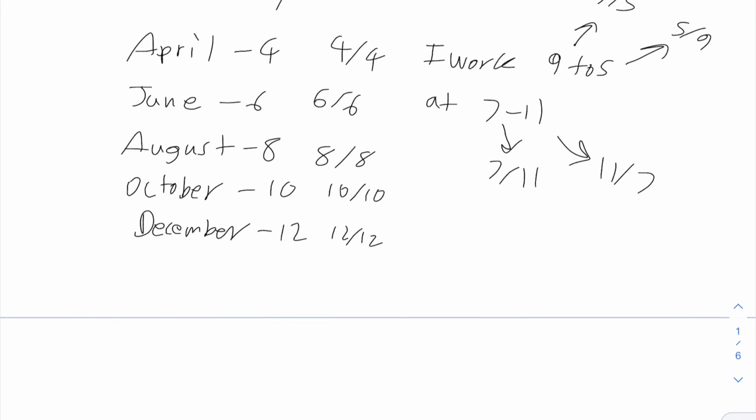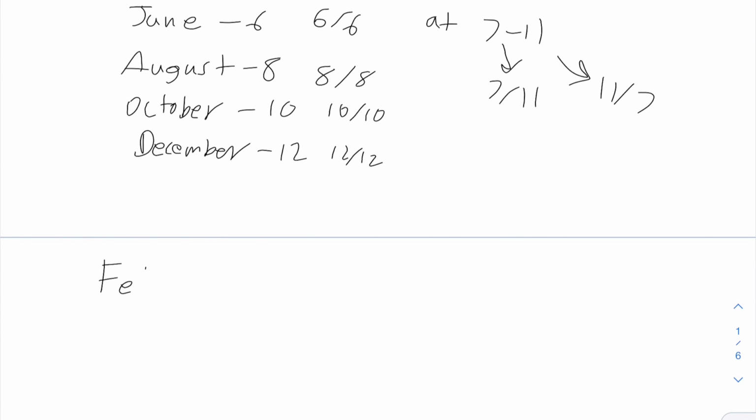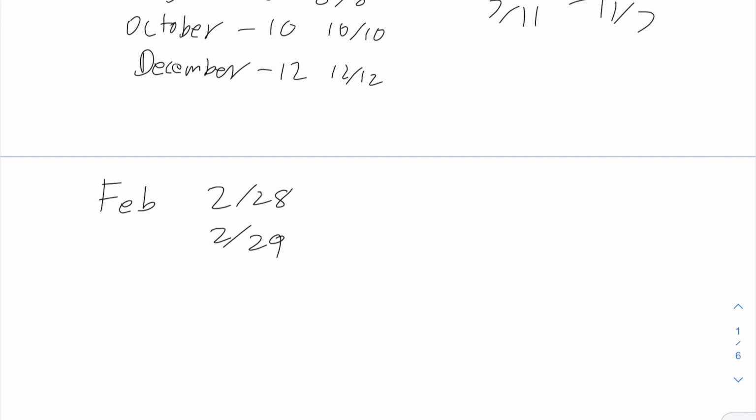Now for February, we remember the last day of February. So on non-leap years, February 28th is the Doomsday, and on leap years, it's going to be February 29th. Those will be the corresponding Doomsdays.